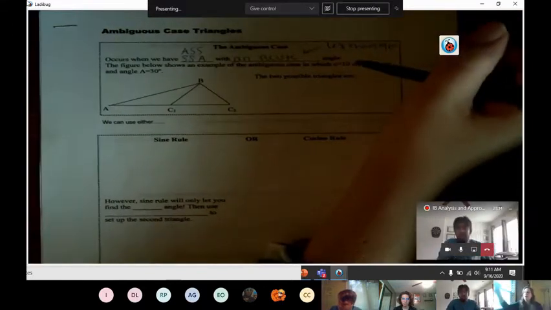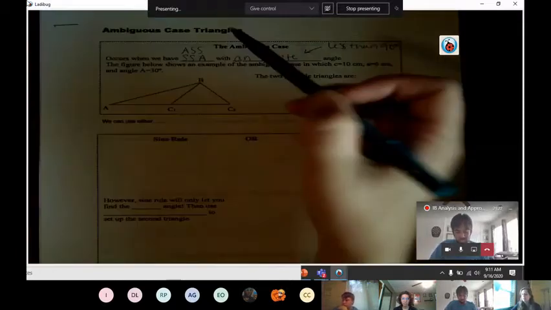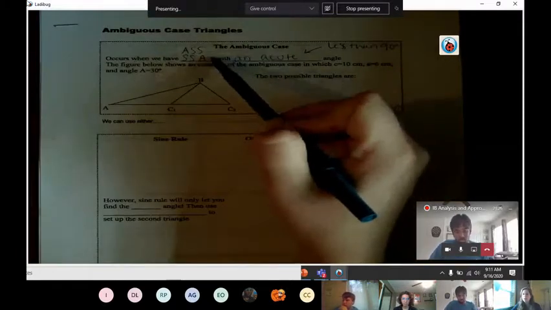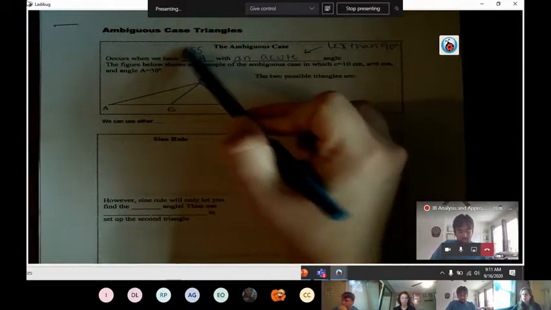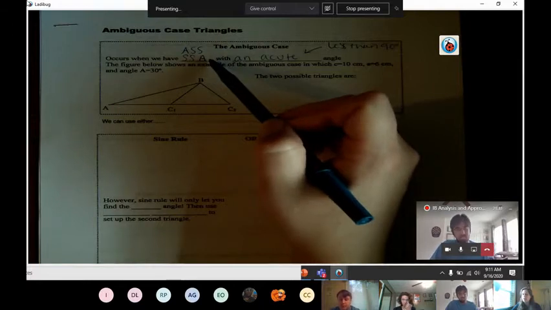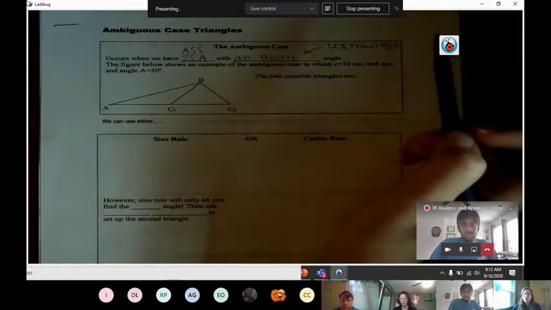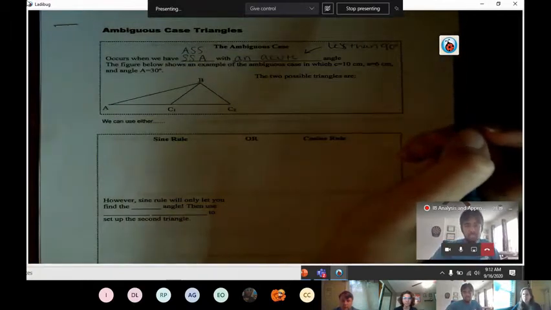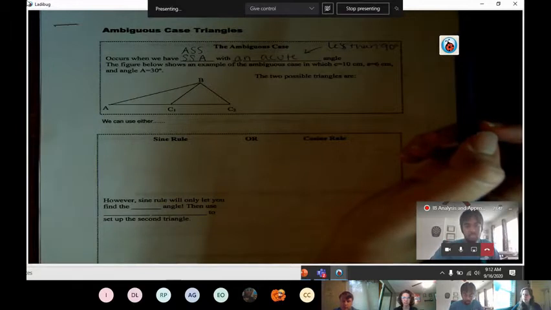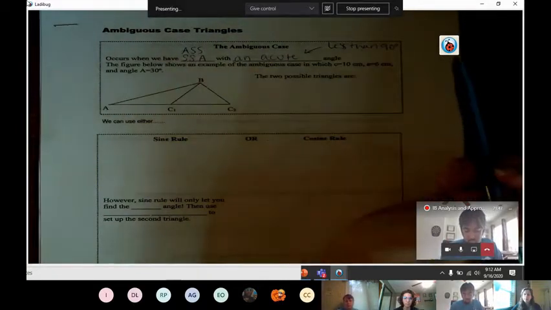So remember that with our sine and cosine rule, we use basically all of the other triangle orientations. These are the ones that don't work, the ones that we avoid using normally, the inappropriate ones. This is the ambiguous case triangle. We have ASS or SSA, and the angle is acute.